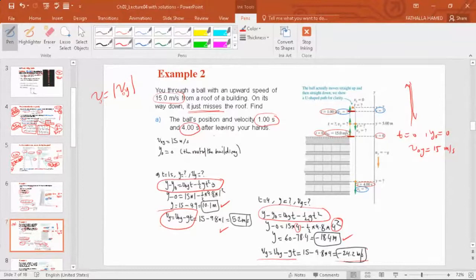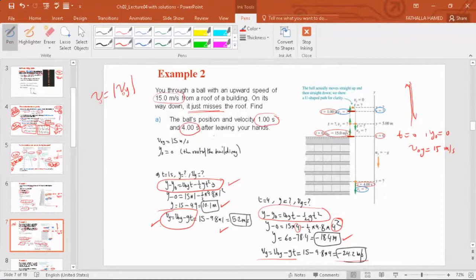Now, probably you did this in school, you look at the motion while you're going up and you look at the motion while you're coming down. Don't do that. These equations here, either for position or for velocity, take care of the whole trip for you. As I told you, ay is equal to minus g, and g is equal to 9.8, and that's what we put here in the equation.